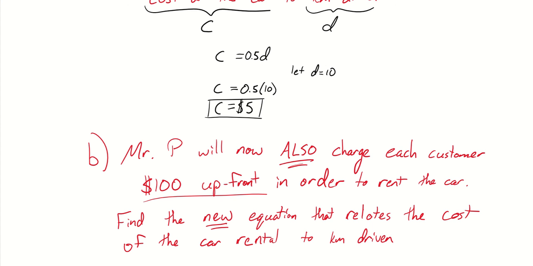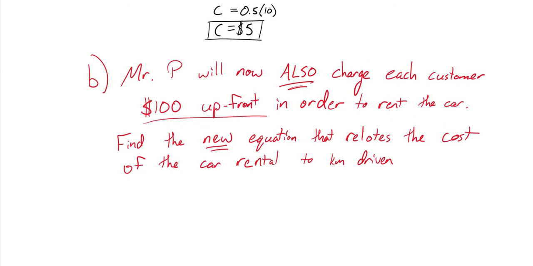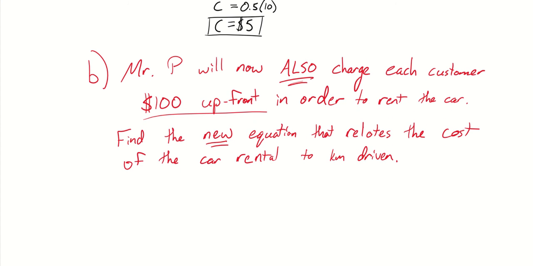Now, we've already defined our variables with symbols, right? We know, first of all, that the cost is equal to some multiplier times how many kilometers we've driven. The multiplier is going to be the same, right? I haven't changed how much I charge each customer per kilometer driven. But now with this new piece of information, I'm charging $100 up front as well.